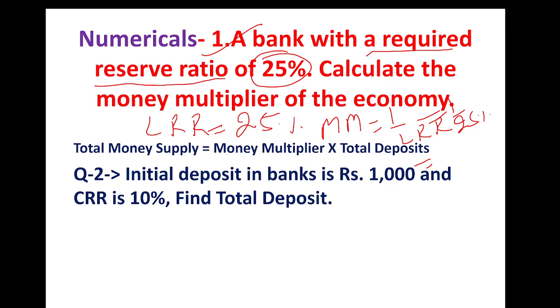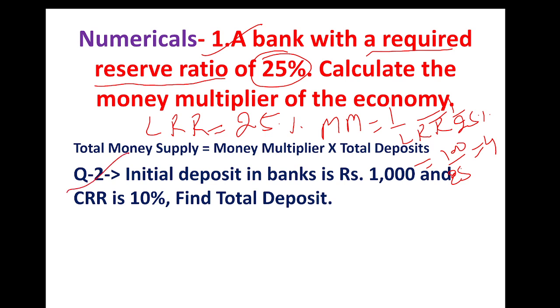Now 25% is converted into 100 by 25. Then you will get 4. 4 is MM. So you can find out easily, very easy question solution is there.